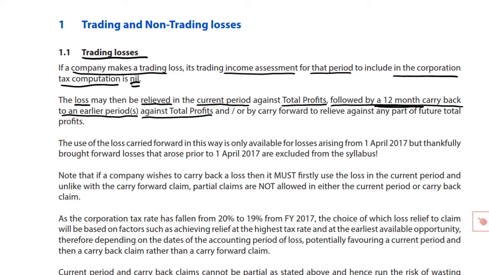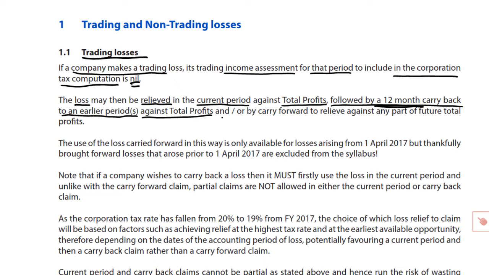But any losses that have not been used, either in the current period claim that must come first, or then within the carry back claim that can only follow the current period claim, any losses that then are carried forward, what happens to those?